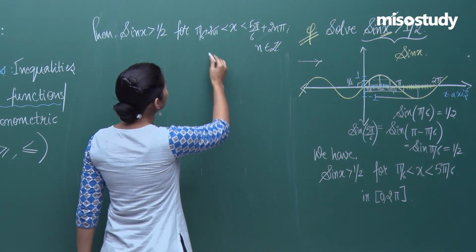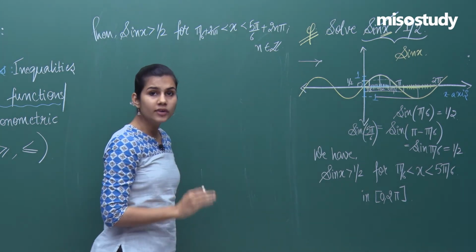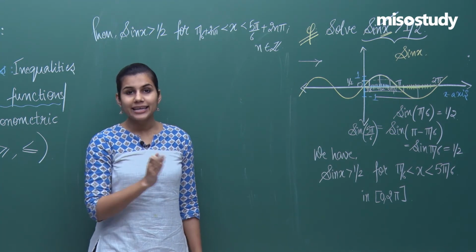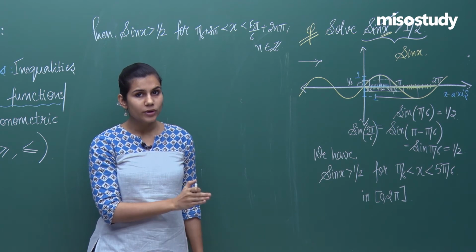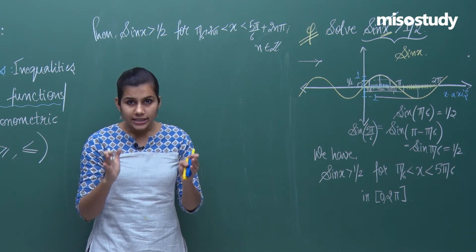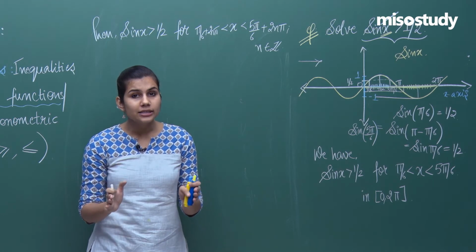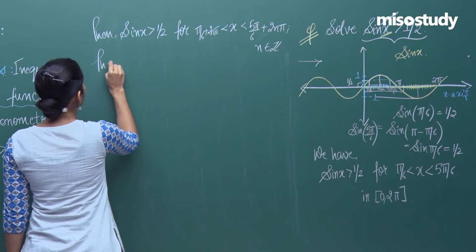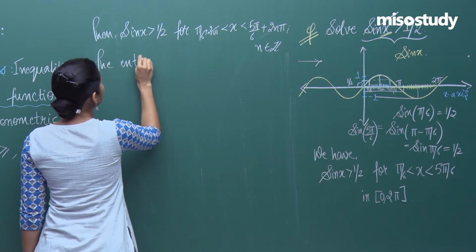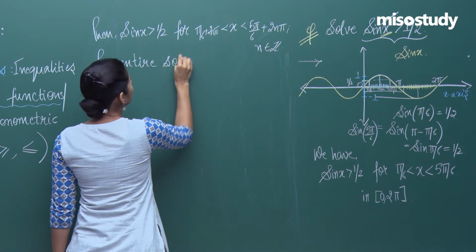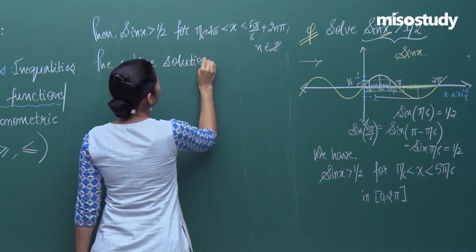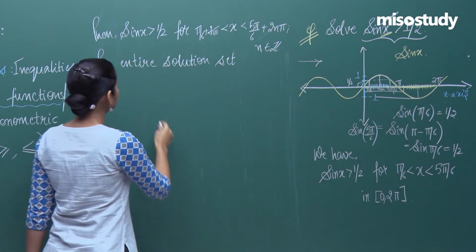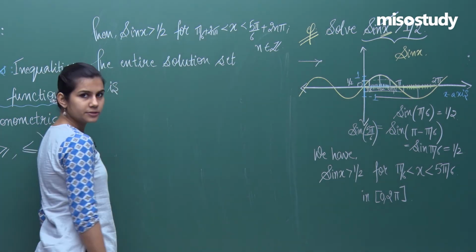What is it? Each and every interval with starting point pi by 6 plus 2n pi and ending point 5 pi by 6 plus 2n pi is the very interval consisting of angles whose sine ratio is greater than half. And therefore, the entire solution set on the entire real line, which is the domain of the sine function, is what?